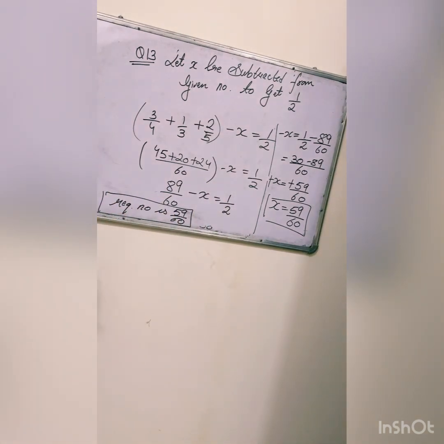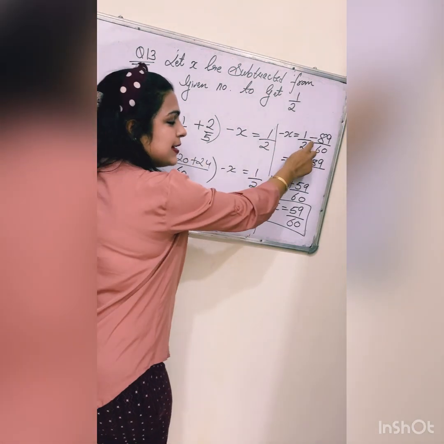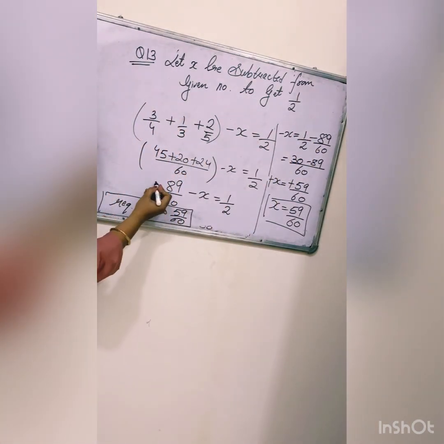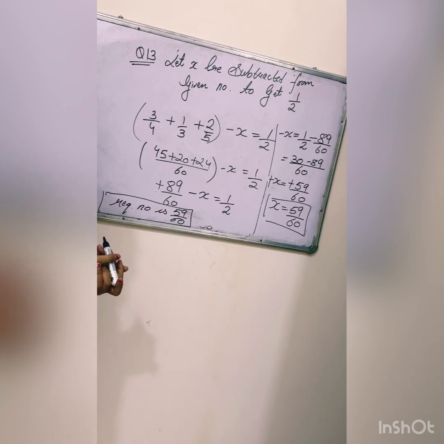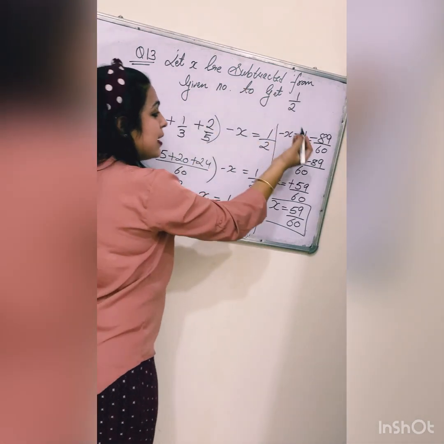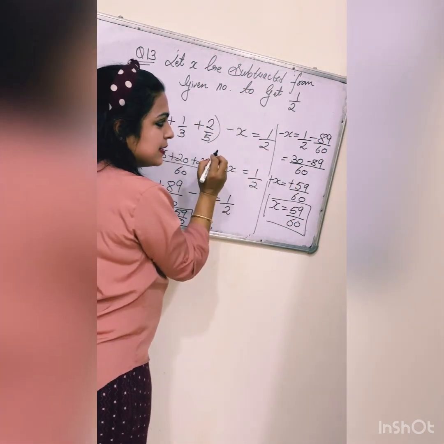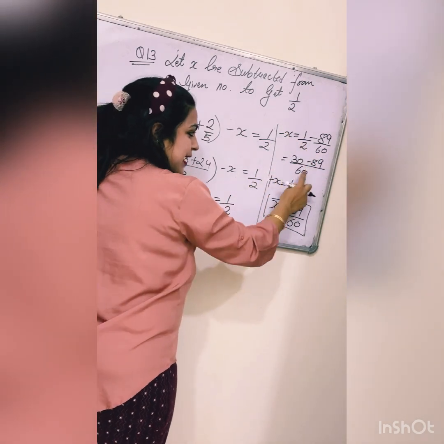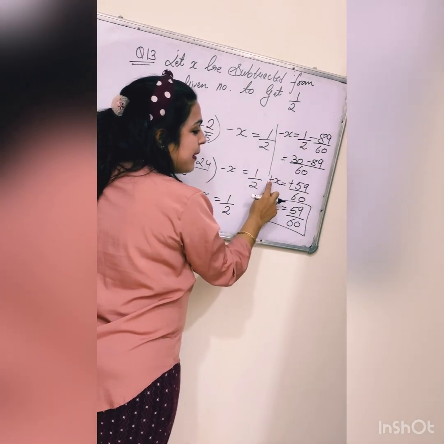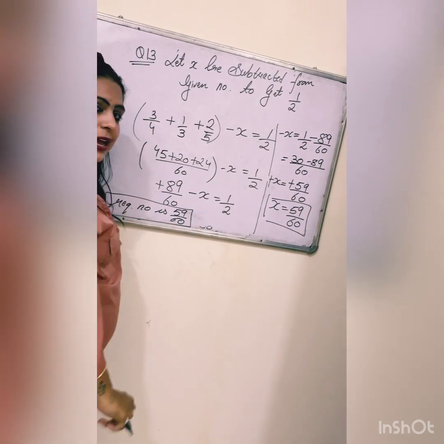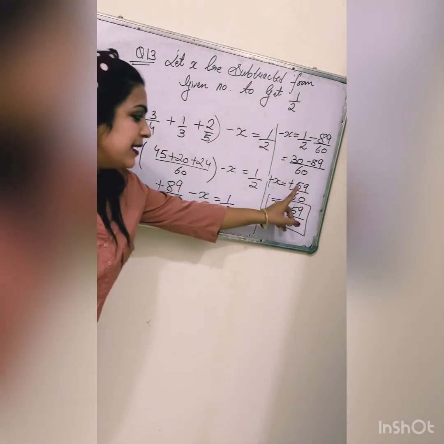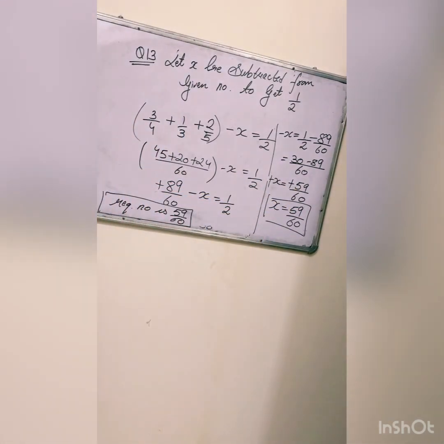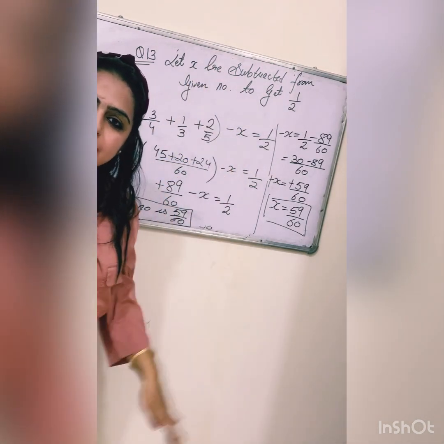Now when 89/60 goes to the other side of the equals sign it becomes minus, because here it is positive, there is no sign, that means it is positive. So when it goes to the other side, it will become minus. We'll take the LCM, we'll solve it. Minus x is equal to minus 59/60. Minus and minus cancel, x is 59/60. This is your required number that should be subtracted so that we get the answer 1/2.